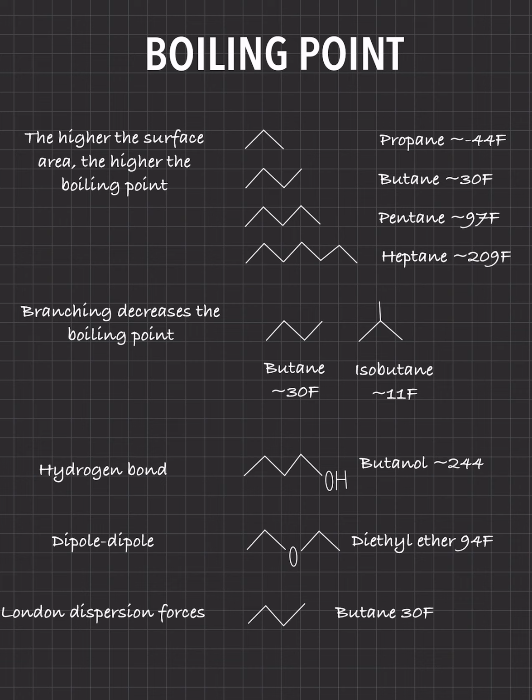So if the question asks for the one with the highest vapor pressure, you need to give the one with the lowest boiling point. Again, if one's high, the other one's low. So do it in terms of boiling point first, and then know that the vapor pressure is the opposite. The one with the highest boiling point is going to have the lowest vapor pressure.